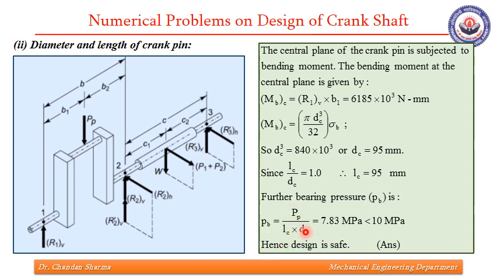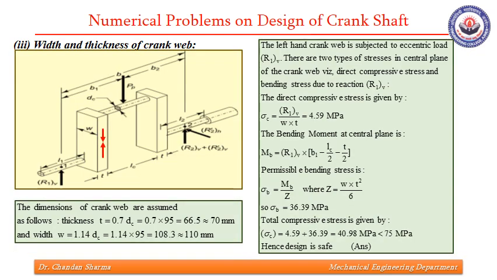Bearing pressure comes out to be 7.83 megapascal, which is less than the permissible maximum bearing pressure given as 10 megapascal. So our design is safe from the point of view of maximum bearing pressure. So our LC and DC will be equal to 95 mm for the given dimensions.